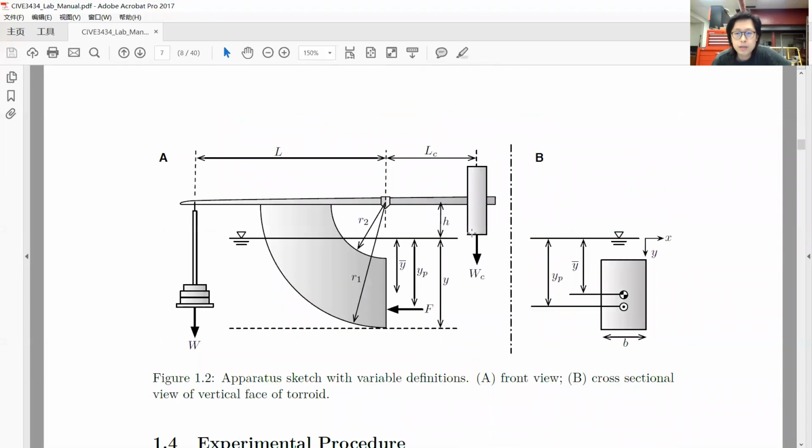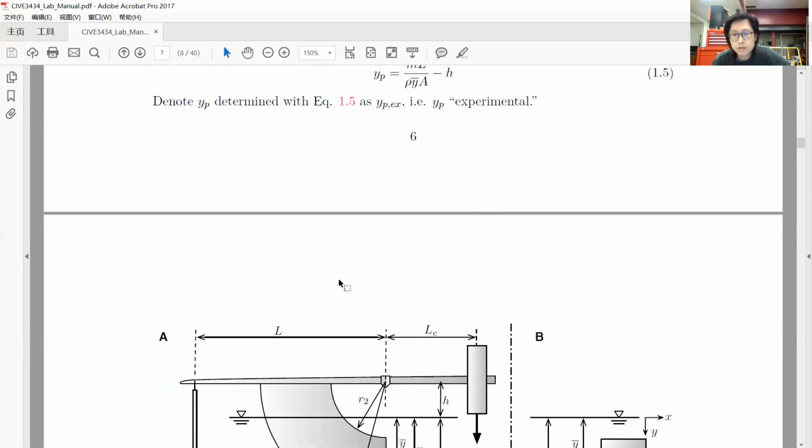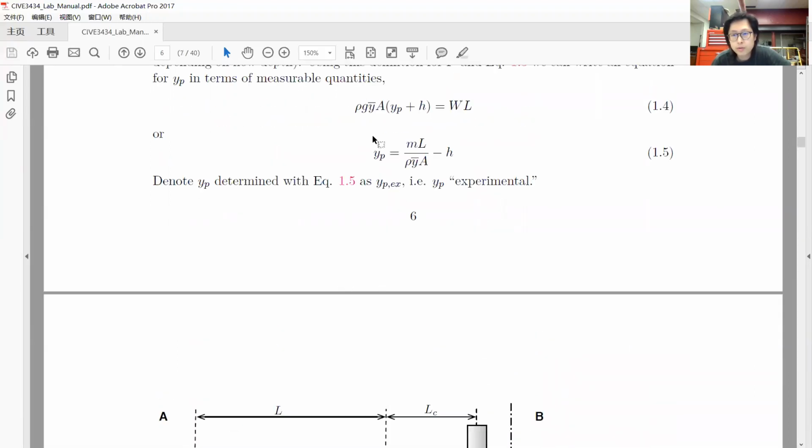You have a picture in here, so all the information you're able to get from this figure. So you're able to calculate another YP using the data. The H in here is related to the measurement because we take the measurement of the water depths, and using that we are able to calculate H and Y bar.